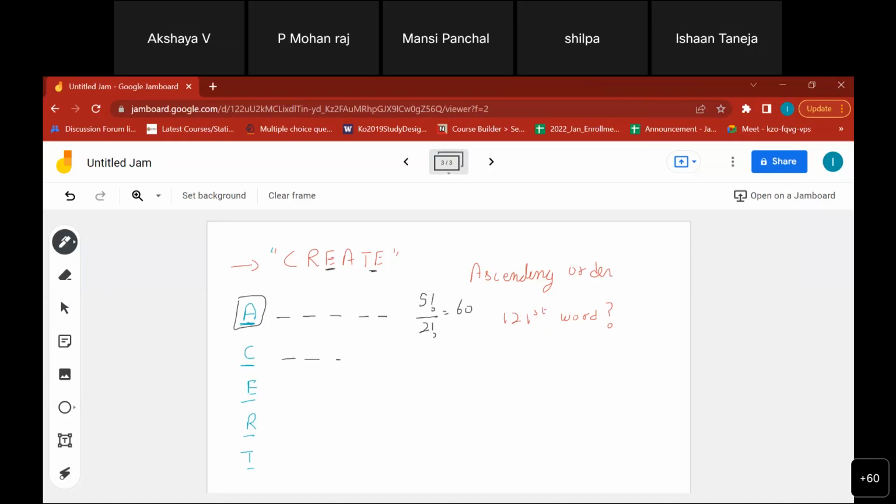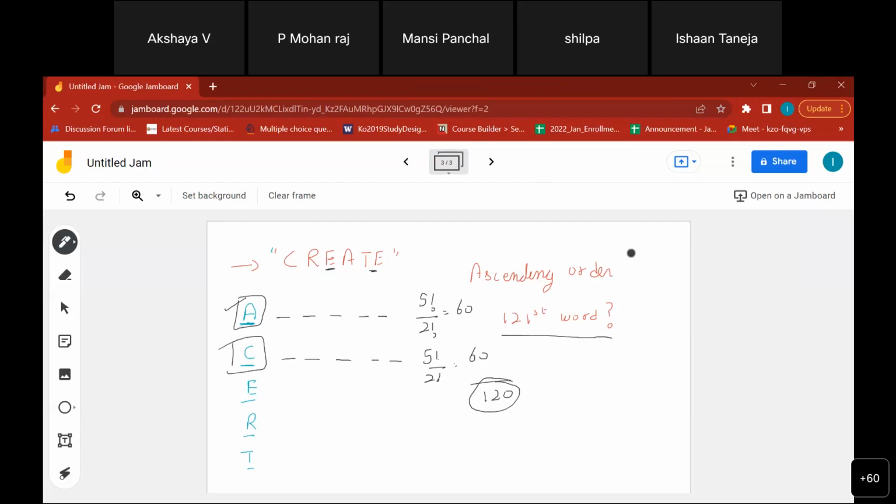Then how many words can I make which start from C? Again, same, 60, right? So we have completed all the words which start from A and all the words which start from C. Till now we have a total of 120 words, right? So the next word would be the 121st word in the ascending order.